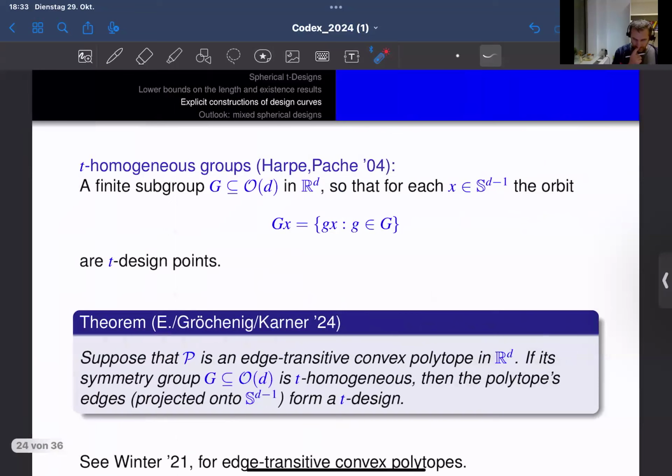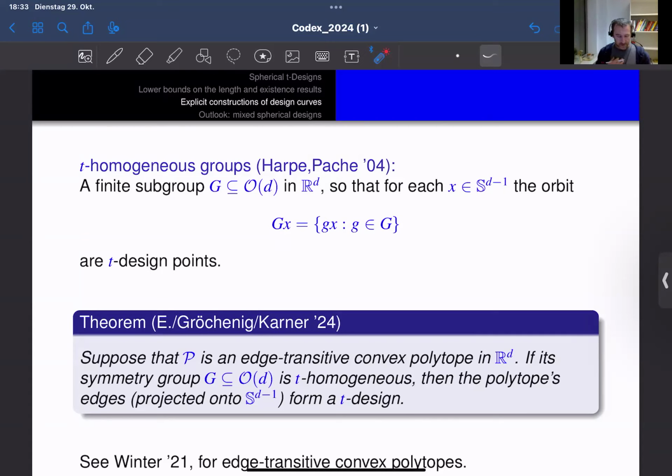And now, I would say Hardin and Sloane in 2004 translated a paper by Bajnok in the following way, by making actually a nice definition.